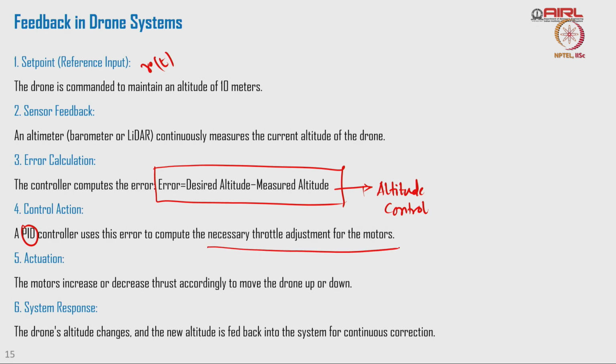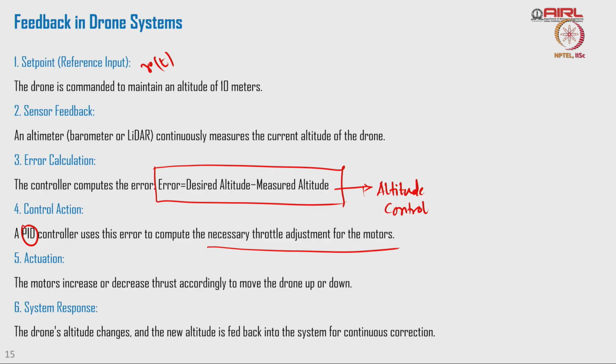So, in every run, once the controller uses this error, it gives the necessary precise throttle adjustment command to the motors, and accordingly the drone will function in some way. We will again check whether the output is the desired output or not, the error will be computed, and again the controller will give the command to the actuator.